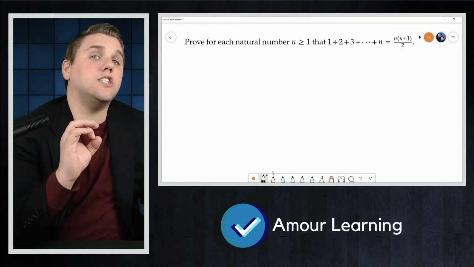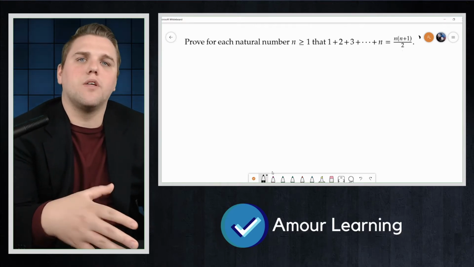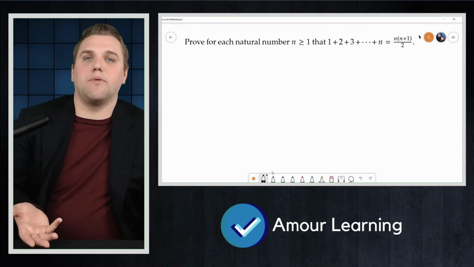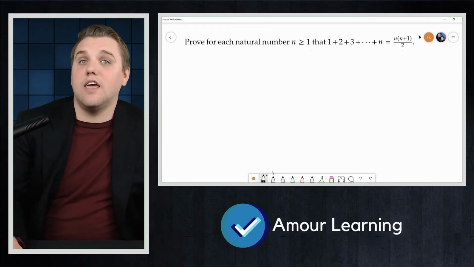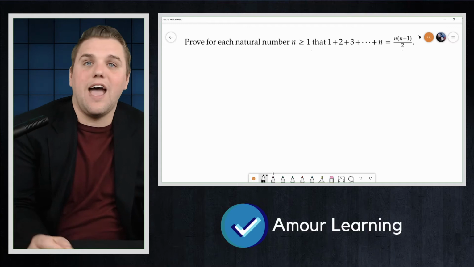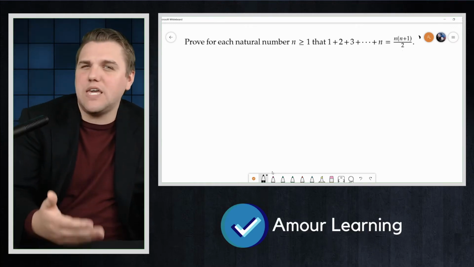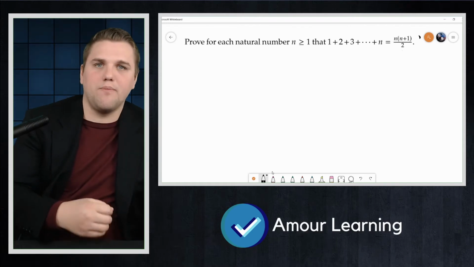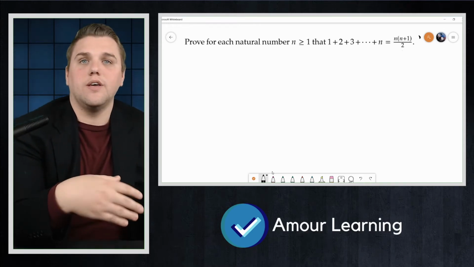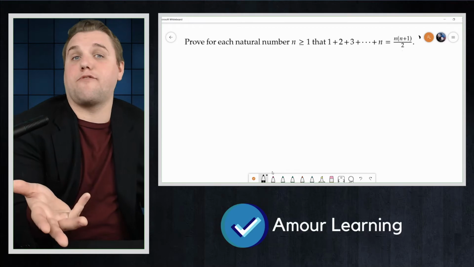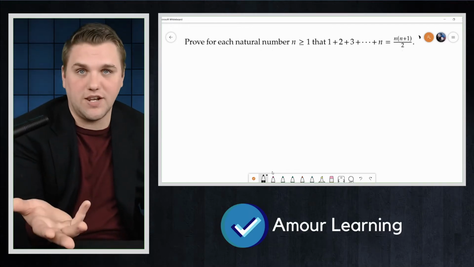But why might induction be applicable? The left-hand side adds up the numbers from 1 to n. If we know how to do that, adding just one more term, n plus 1, would not be that hard. For example, if n equals 100, suppose we know that the sum of the first 100 numbers is 5,050.